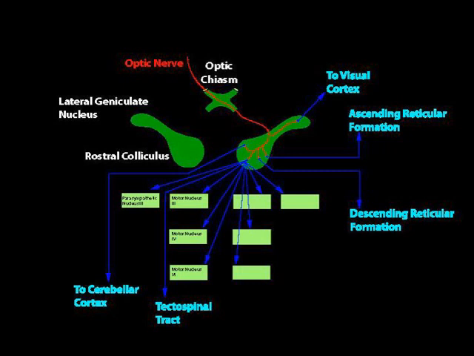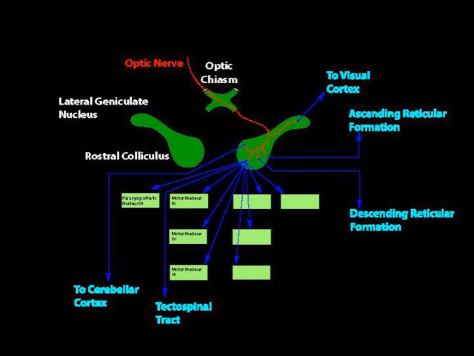If we look at lesions in these pathways, it's quite possible for an animal to have a lesion here or later in the visual pathway and to be unable to see, but still able to regulate its pupillary diameter in response to changing light, to move its eyes in response to the head or the body moving, and to make postural adjustments based on visual stimuli, even though the animal's blind, because it cannot construct a visual image as its conscious centers have been deprived of that information.